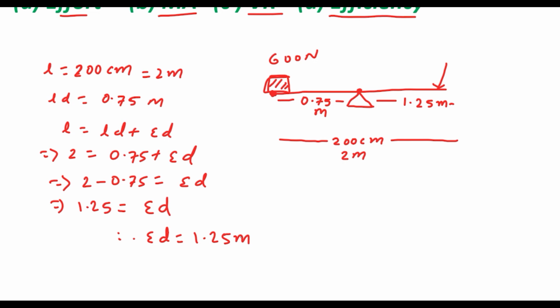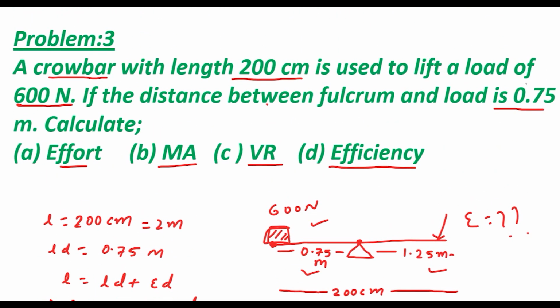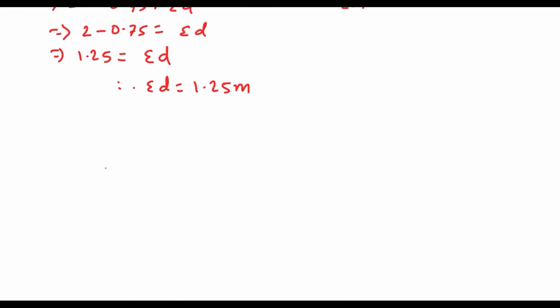So our effort distance is given, load distance is given, and load is also given. Then first of all we have to find the effort. In case of the lever, just by using the principle of the lever, we can find the effort. Now by using the principle of the lever, load into load distance equals effort into effort distance.